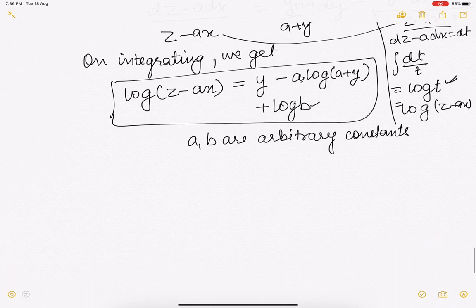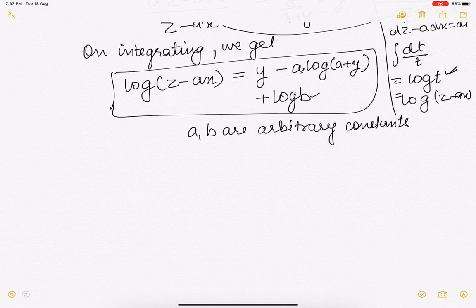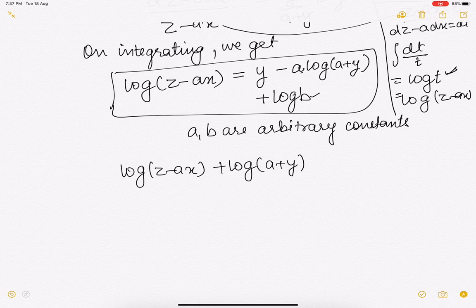Now let us rewrite this again. So we have log of z minus ax plus log of a plus y to the power a is equal to, and let us take the term of log b here also, is equal to y.